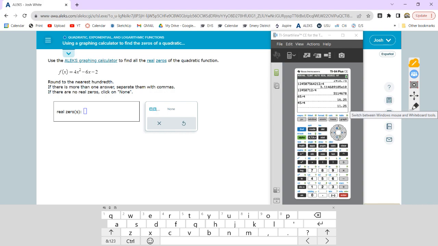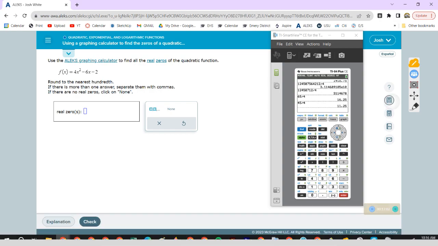Okay. So it wants you to use the ALEKS graphing calculator to find the real zeros of the quadratic function. So I'm going to push the graphing calculator.